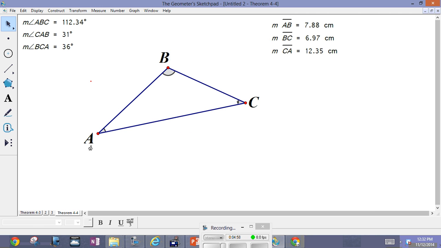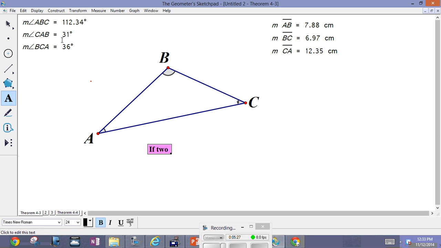Then you put the labels on those, and of course you write a statement: theorem 4.3, if two sides of a triangle are congruent, then two angles are congruent. Just write the theorem statement. You can fill all that in.